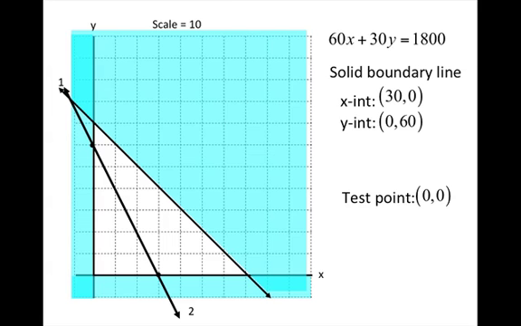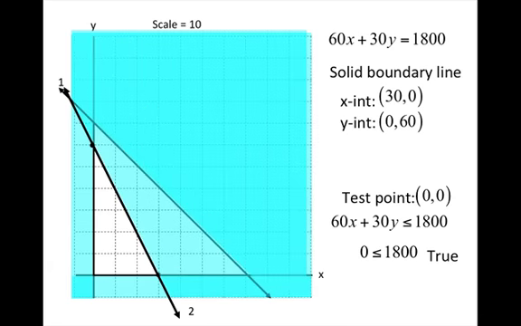If I plug in 0, 0 into my original inequality, 60x plus 30y is less than or equal to 1800, I get 0 is less than or equal to 1800, and that's true also. So 0, 0 was true, so the other side is false. Always shade or mark out the side that's false.